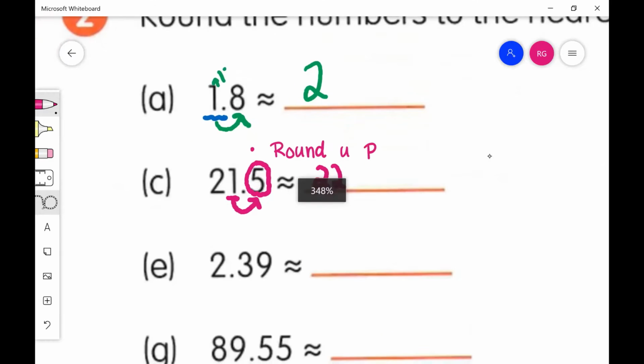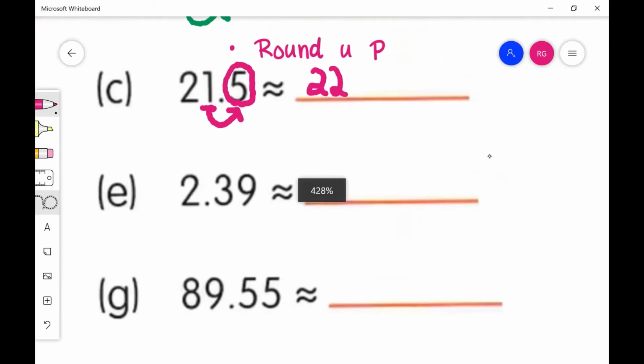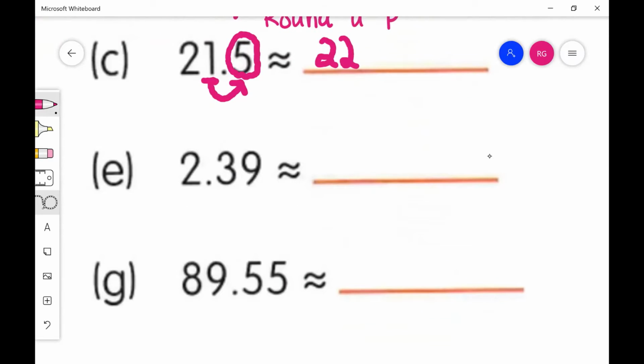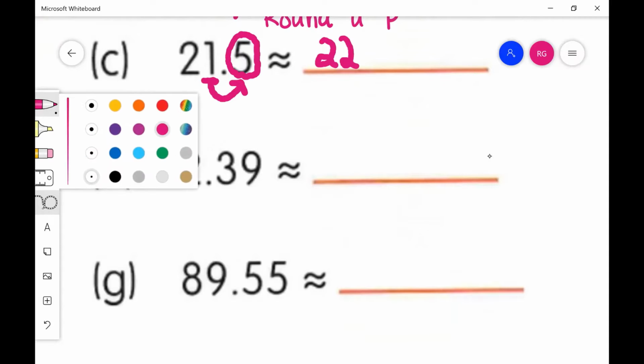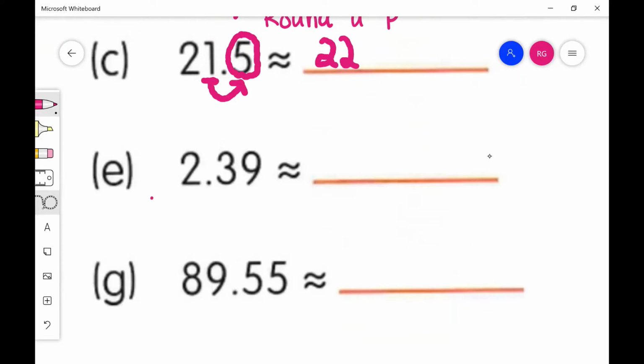All right, and then we're moving on to E here, and it says 2.39. And in this case, what's our whole number here? 2. Okay, we look to the right. Is that a big or a small number? Small. And when I'm saying big, I mean 5, 6, 7, 8, or 9.